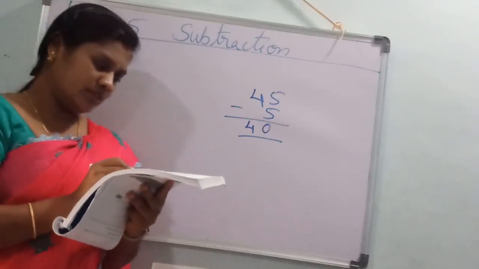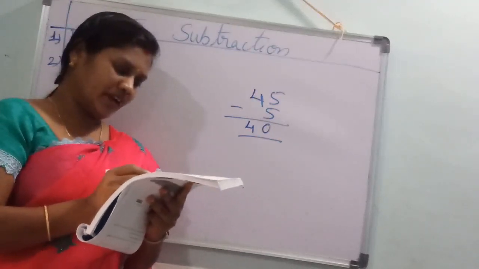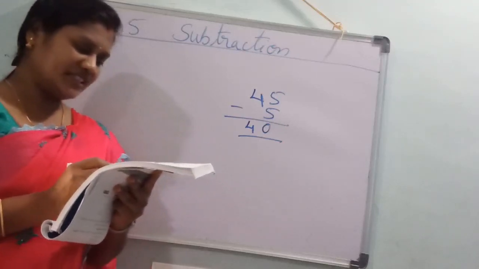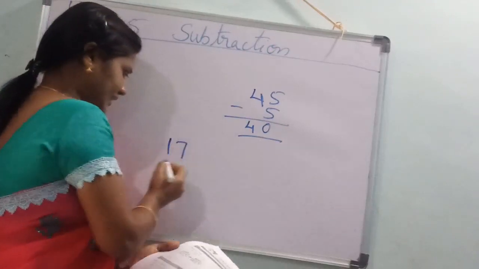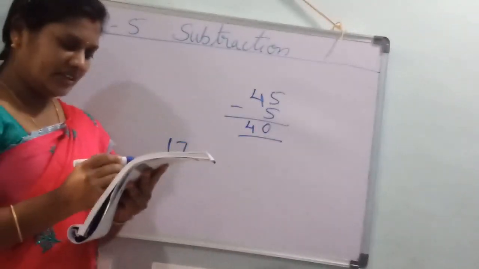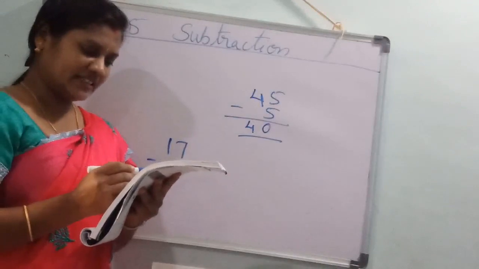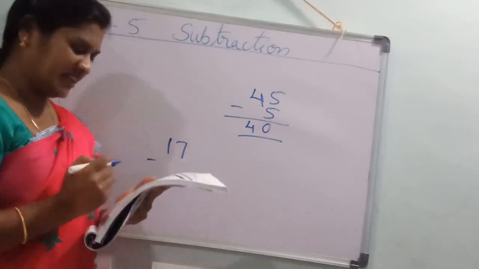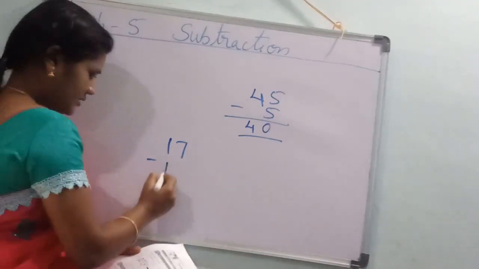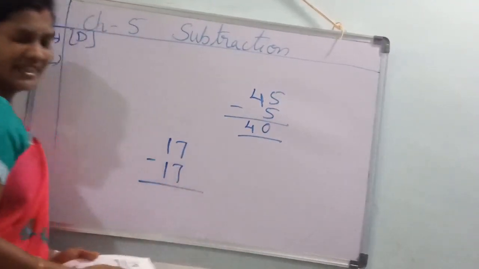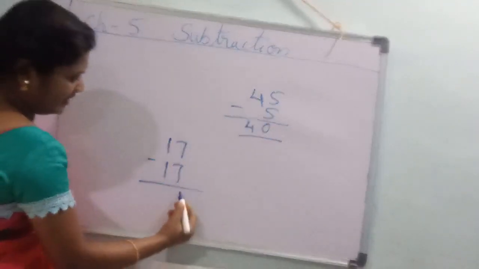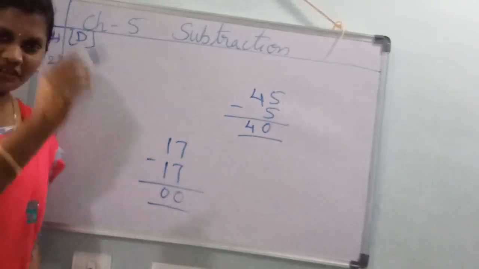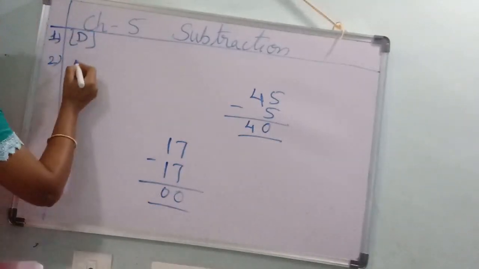Count. 1, 2, 3, up to 17. 17 x minus 17. 17 minus 17: 7 minus 7 is 0, 1 minus 1 is 0. What is the answer? 0 is the answer. Where is it? Option C.